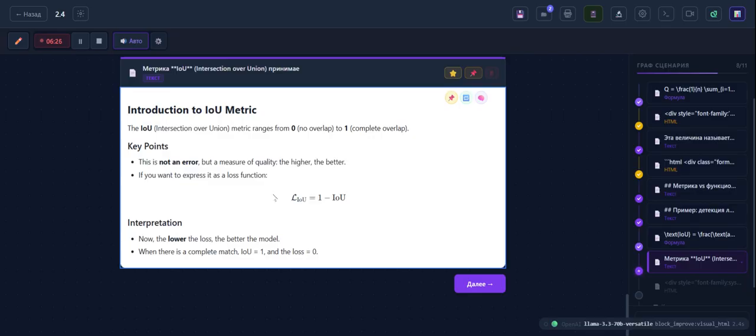If you want to express it as a loss function, it will look like loss of intersection over union equals 1 minus intersection over union. So this will be a mistake if our intersection over union was less than 1. The lower we got, the better the model.